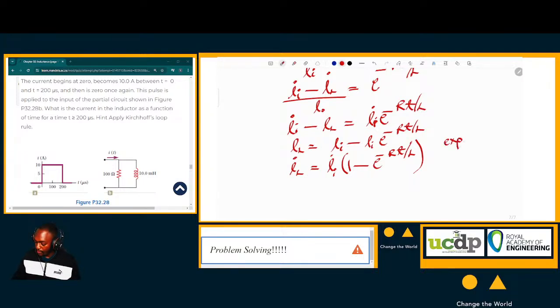Exponential increase. I'm sure you remember it. We used it earlier on, right?